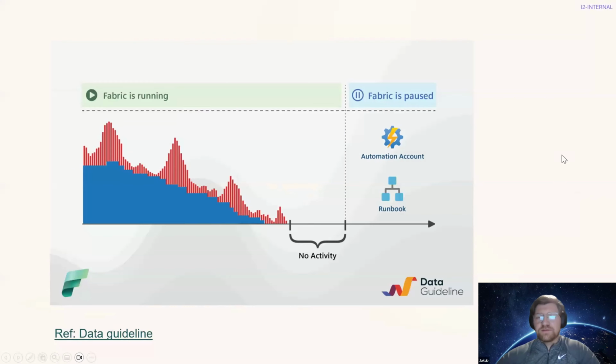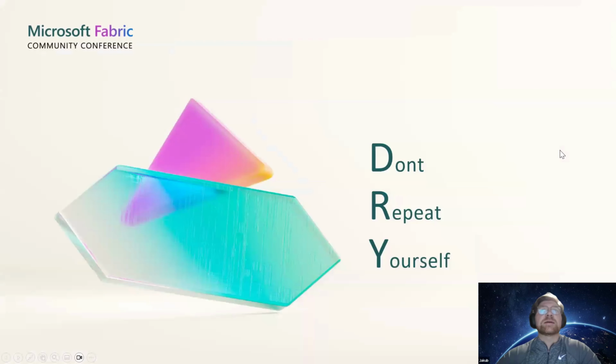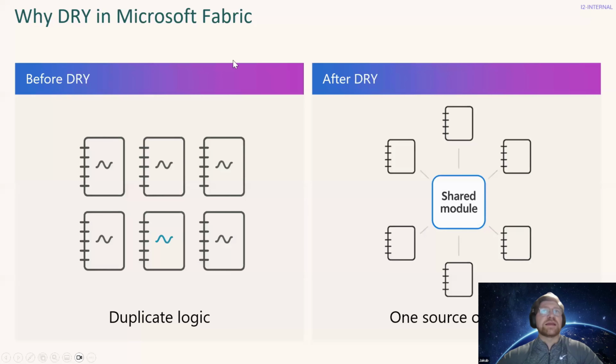So that's another thing which we find pretty useful. In our team, we also use the DRY rule: don't repeat yourself in coding. So if you have some logic in your Python notebook in the capacity, always try to use shared modules.